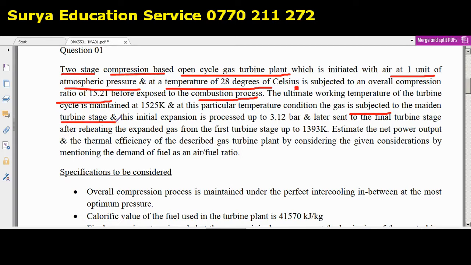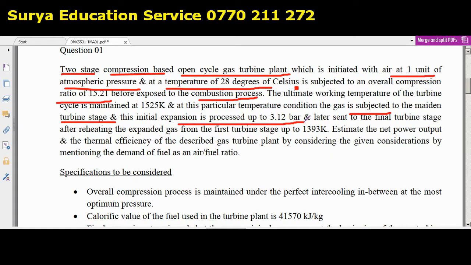That is the place where the first adiabatic expansion process starts, right? Then the initial expansion proceeds up to 3.12 bar. That means the expansion process of the first turbine proceeds till the pressure is 3.12 bar.